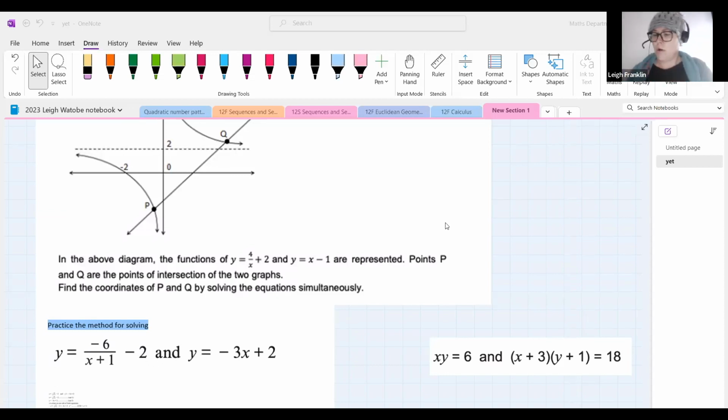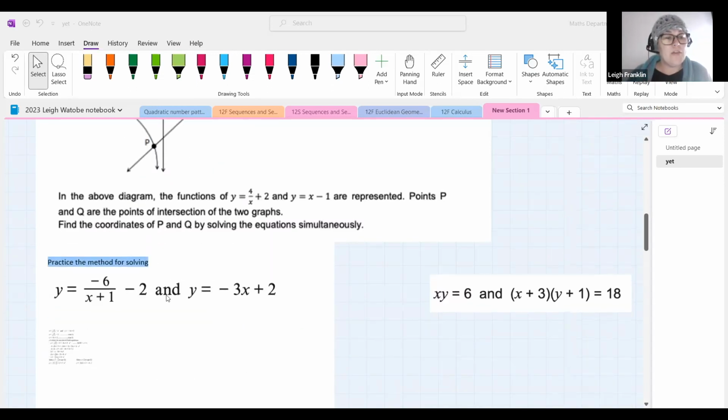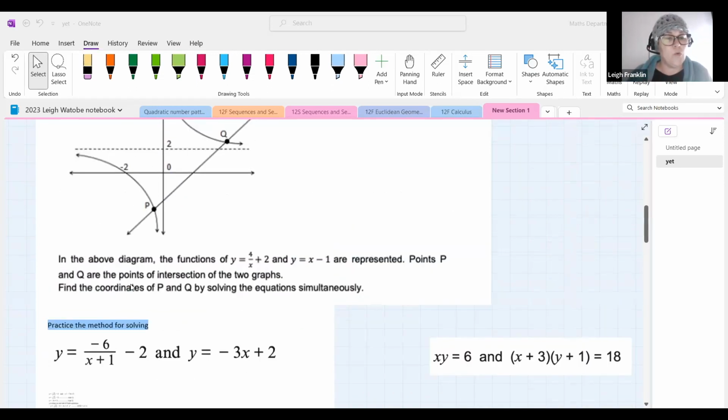So I wanted to know what to do with that 3 when I want to factorize. Okay, are you talking about question 7 when you had to work out the coordinates at P and Q, or about this other question that I've put down in the left-hand corner? That other question, the one in the left-hand corner. Okay, all right.